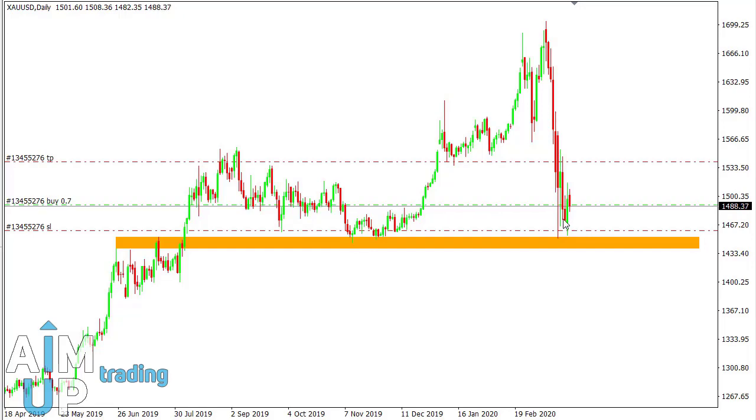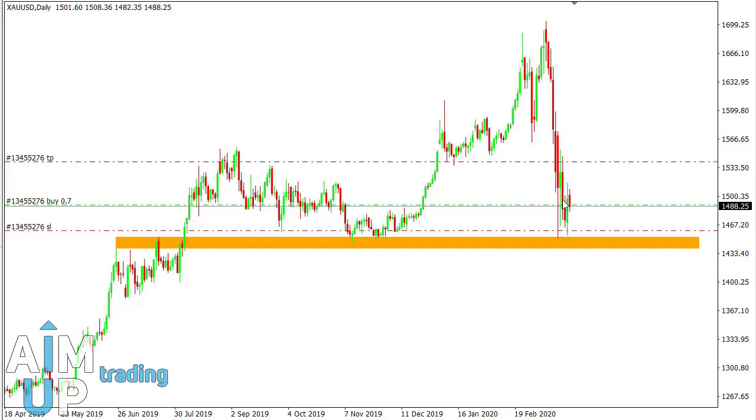I'm forwarding the video again, and here, as you can see, we had a beautiful movement, really nice candle, and it almost hit our take profit. If some of you are wondering why our take profit is not hit, because it looks like the price is already on it, like you guys know, or if you don't, I'll let you know, it's the spreads.